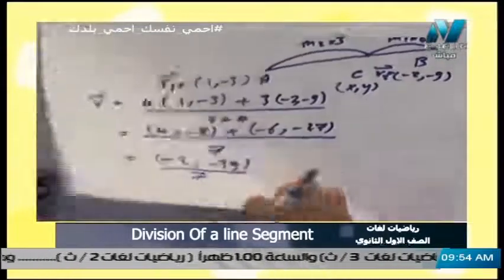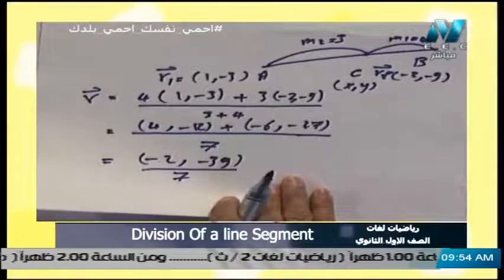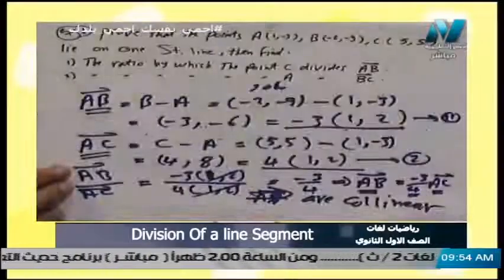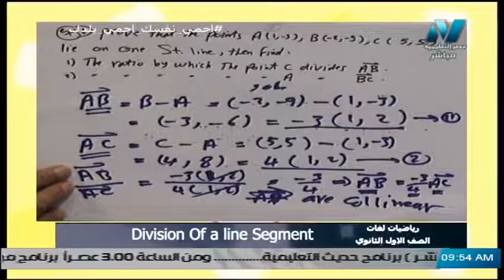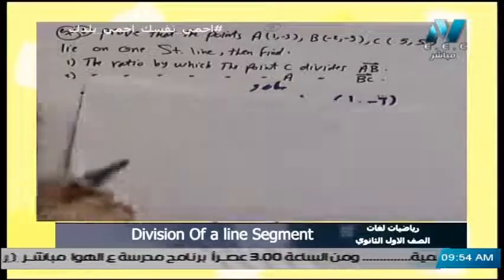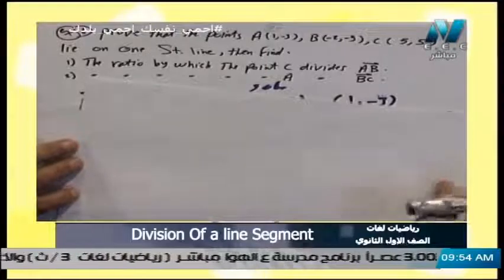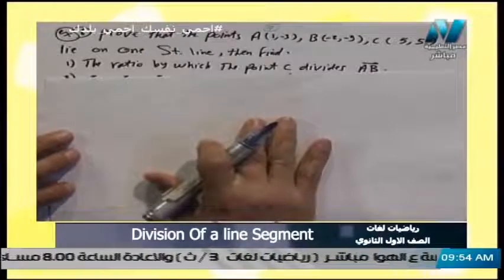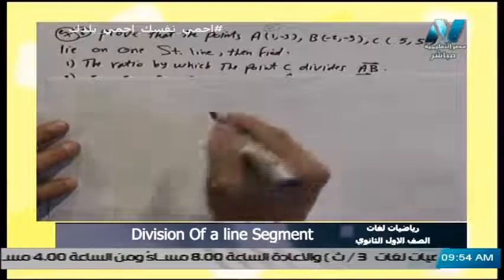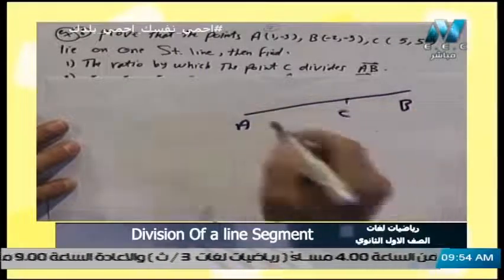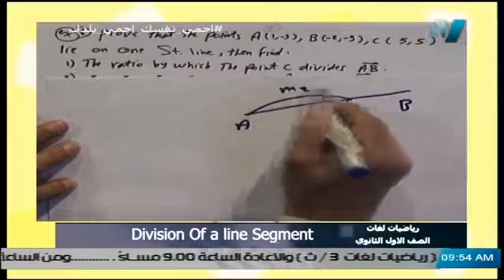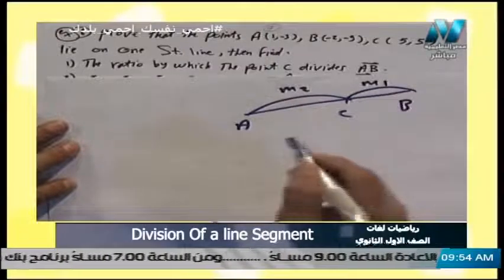Okay, let's move to the ratio again. He would like to find the ratio, which is M1 and M2. So we will draw here A and B and C, M2 here and M1 there.